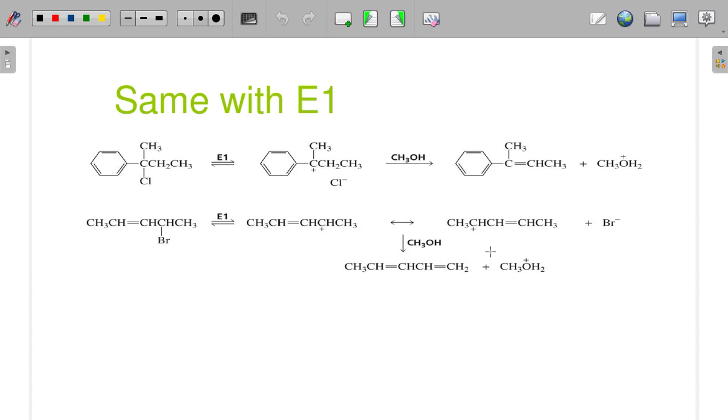Also, E1 will do the same type of thing, and we almost always get the same products, at least with the benzylic. With an allylic position, though, because that carbocation can rearrange, you get potentially different products.